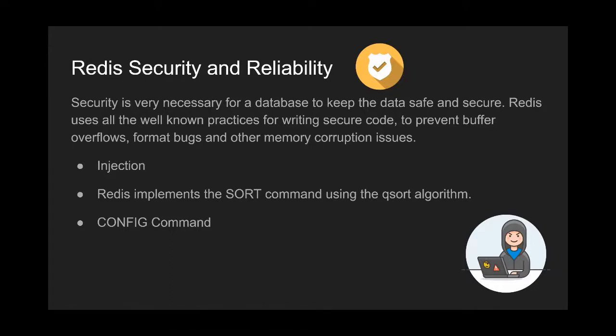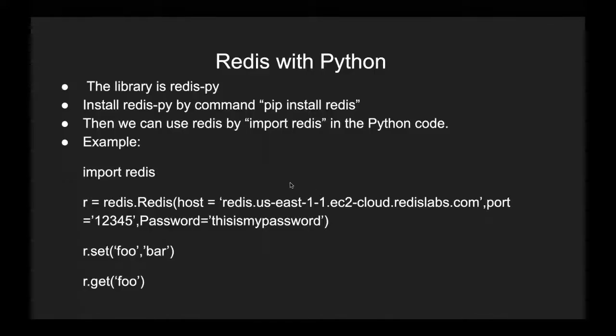Now let's see how to actually use Redis using Python and Java. Okay, so Redis can also be used in Python and Java. For Python, the Redis client library is redis-py, and to install it, we will use the command pip install redis.